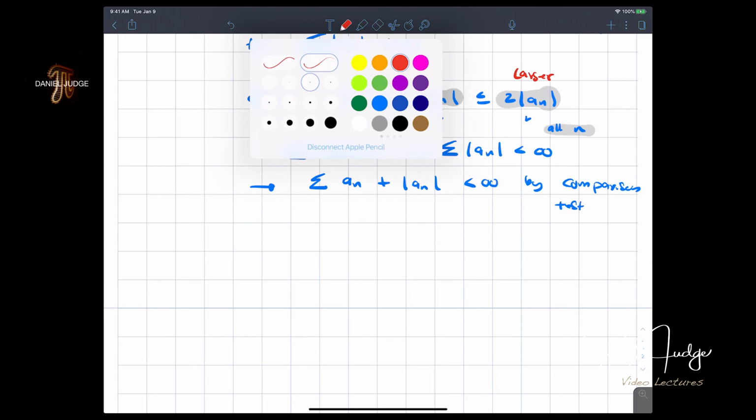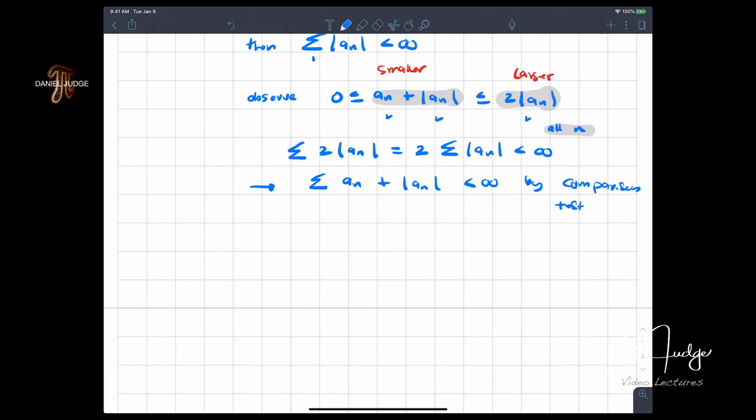And then you want to make another observation. Since this infinite sum is finite, here's what I also want to observe. It is certainly true that this series is equivalent to a_n plus the absolute value of a_n minus the absolute value of a_n.